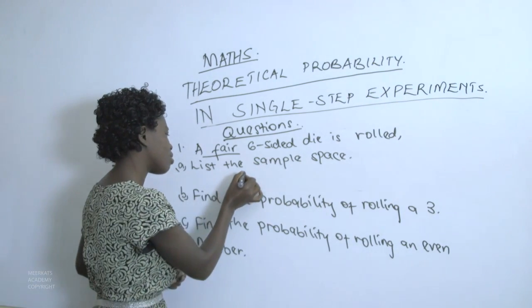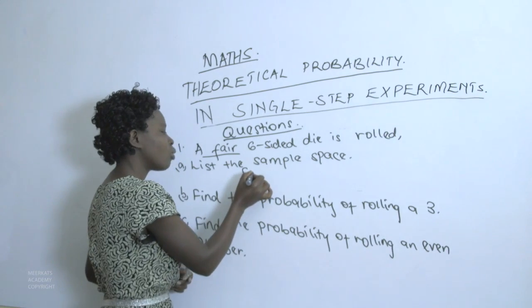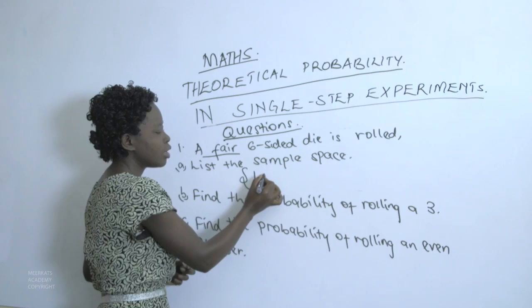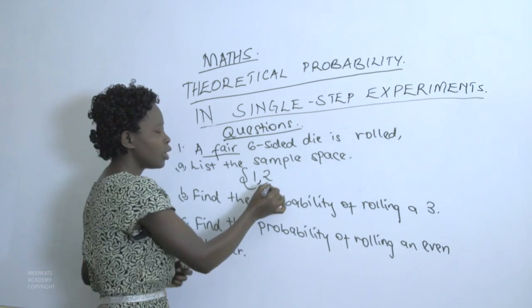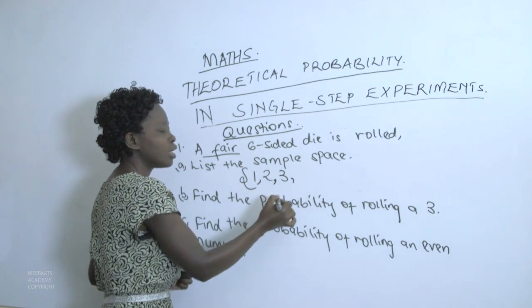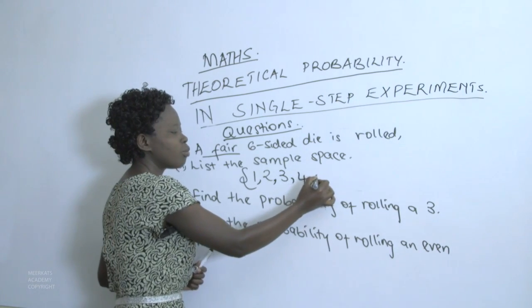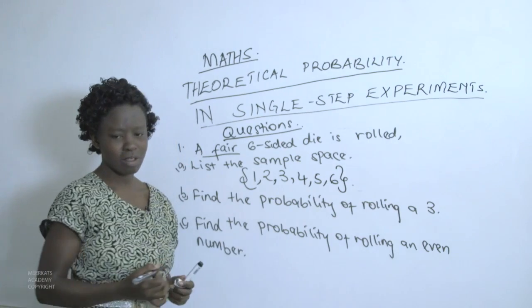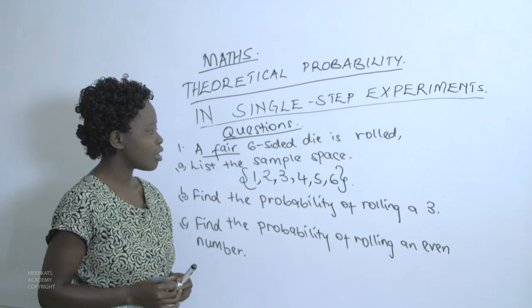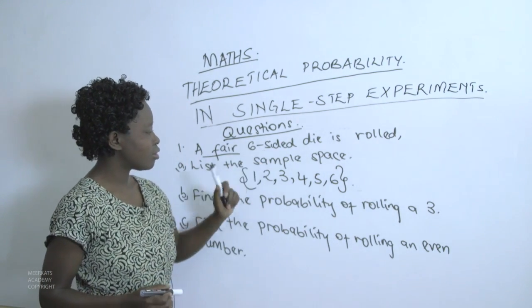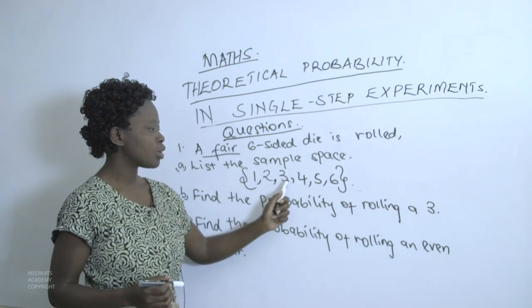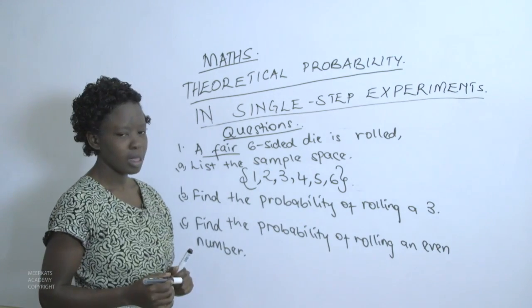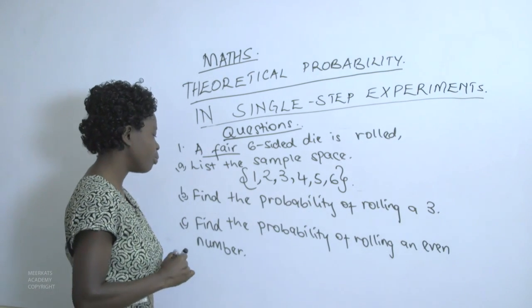So it has 6 sides, and you're expecting when you are rolling this die, it is possible to roll a 1, it is possible to roll a 2, a 3, a 4, a 5 or a 6. So the sample space of this given activity is 1, 2, 3, 4, 5, 6, and it should be in that given form.